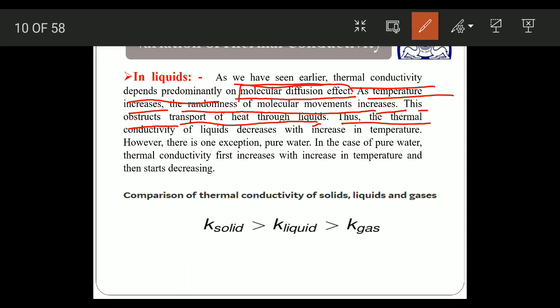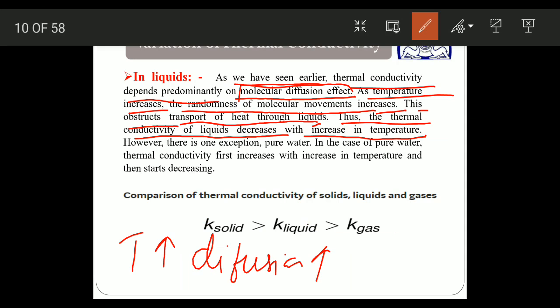Thus the thermal conductivity of liquids decreases with increase in temperature. Here again we have to remember the molecular diffusion effect in liquids. As temperature increases, molecular diffusion increases, and this will disturb the flow of heat from one location to another, and that's why thermal conductivity goes on decreasing.